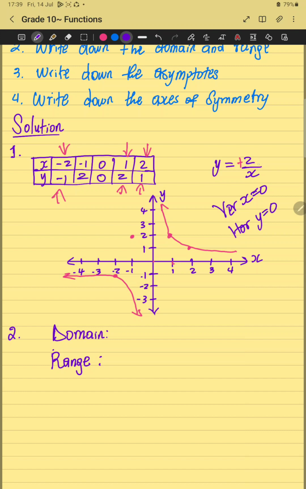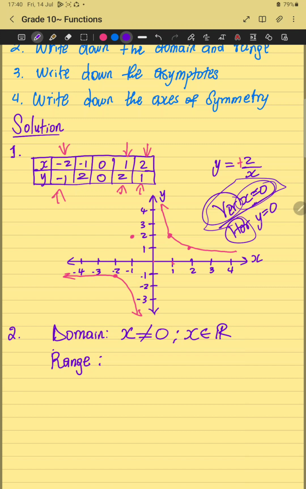That one we know from the graph. But when we write the domain, we consider the asymptotes, horizontal and vertical. We are saying that x is not equal to 0, which is the x value of the asymptote, right? X is not equal to that value. And then we're saying therefore x is an element of real numbers.